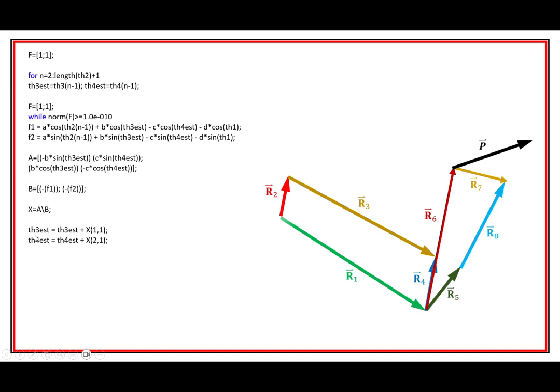results, right? Changing the estimate, and then repopulating it here with the new estimated angle, and then repopulating F, and then just keep going back and forth until it narrows down on these unknown theta 3 and theta 4.